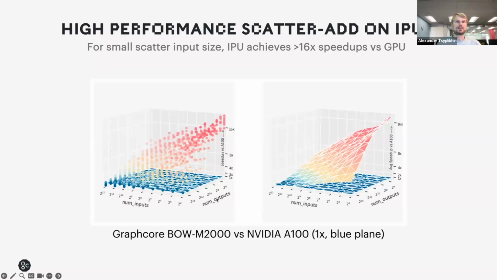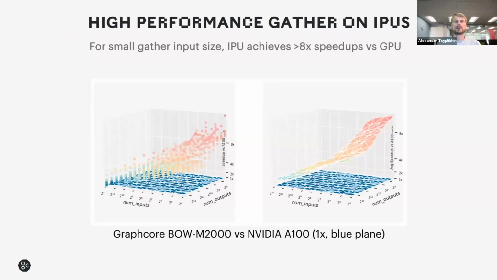The conclusion from here is that for smaller sizes of inputs and outputs in this corner here, we are seeing a speed up of about 16x for this specific operation. And then for the larger, we are on par with A100s with some spectrum in between. And this speed up is important for GNNs for the aggregation. And similarly for the gather operation, the speed up is up to 8 times versus A100.